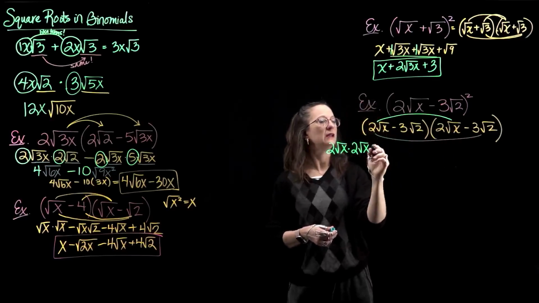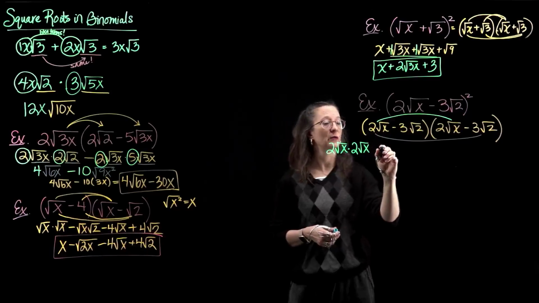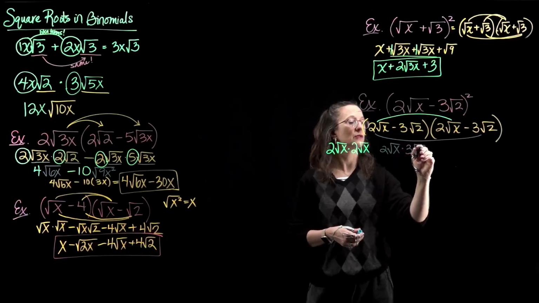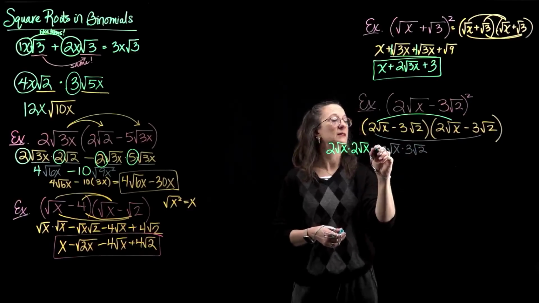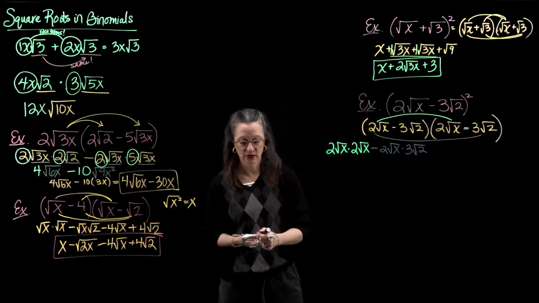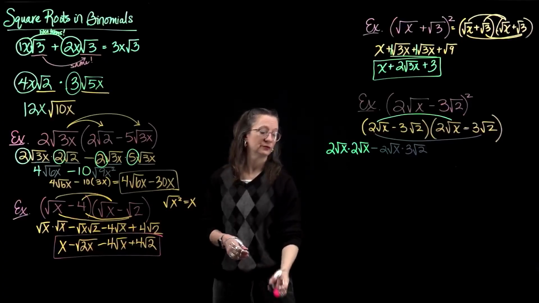So outside, I have 2 square root of x times 3 square root of 2. And that's going to be subtracted because of the negative sign on the 3 square root of 2.